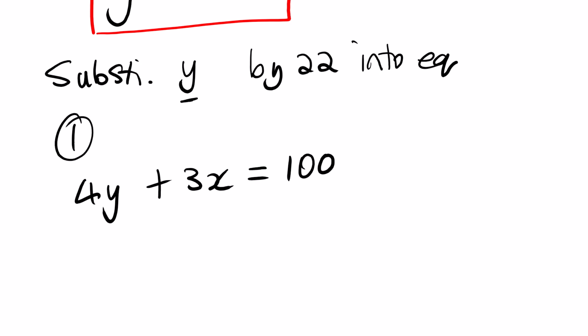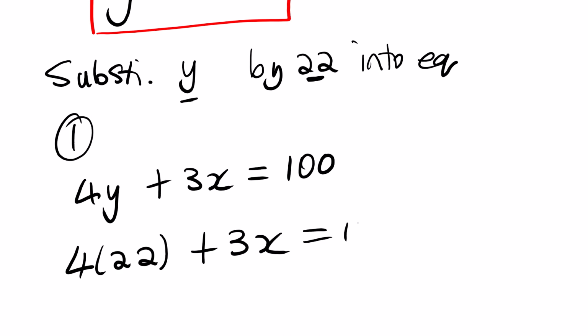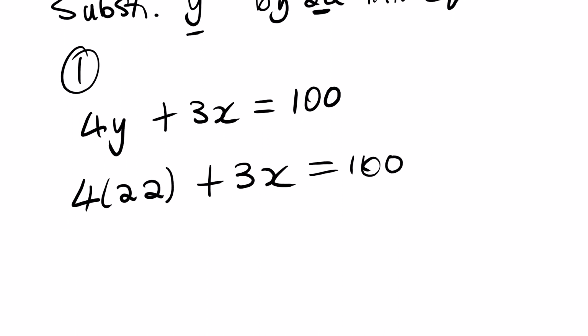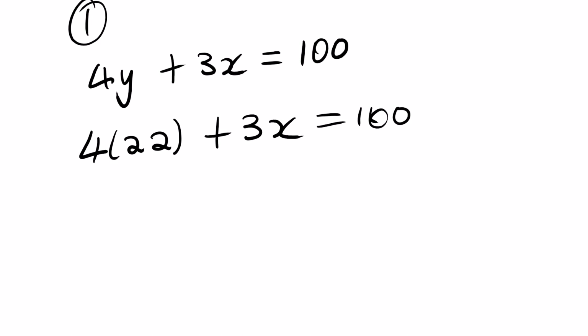Now where we see y, we substitute by 22. So we have 4 times 22 plus 3x equals 100. So we have 88 plus 3x equals 100.